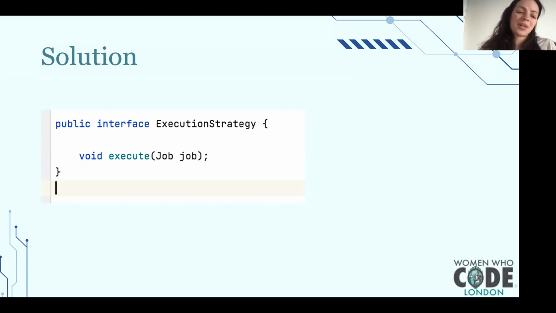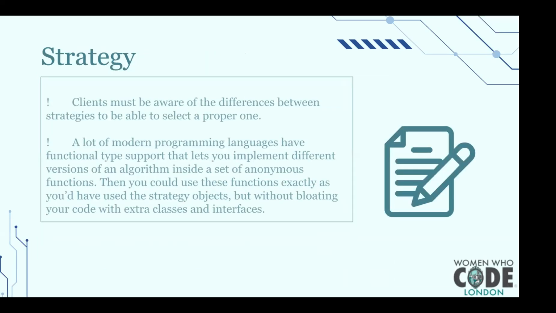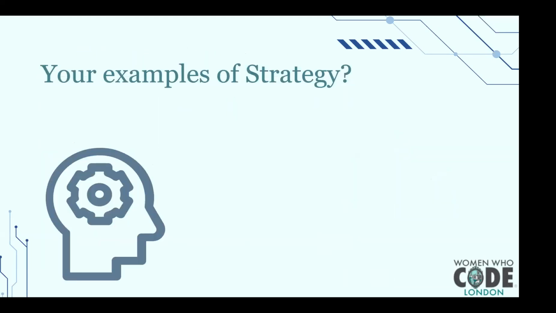And well, I wouldn't say that it's a flaw of the pattern. But yeah, if you are programming in a functional language, probably you don't need this strategy because you just use your lambdas.